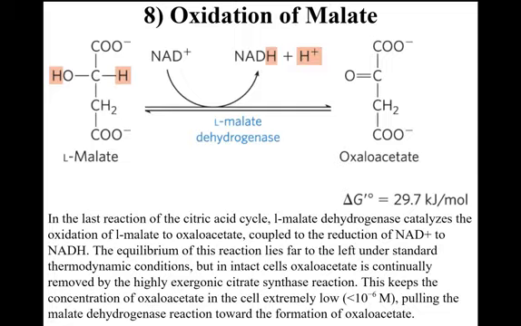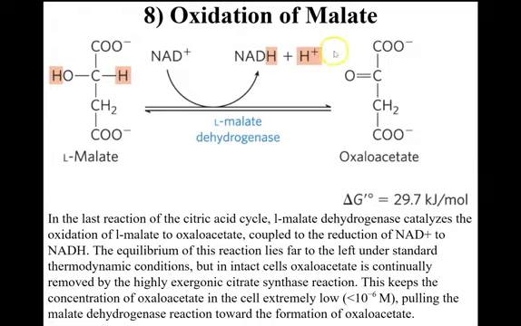And so now the next stage is the oxidation of malate. This oxidation uses L-malate dehydrogenase, where you have the cofactor NAD plus acting as an electron acceptor, thus producing this electron carrier that can go off once again and produce ATP.